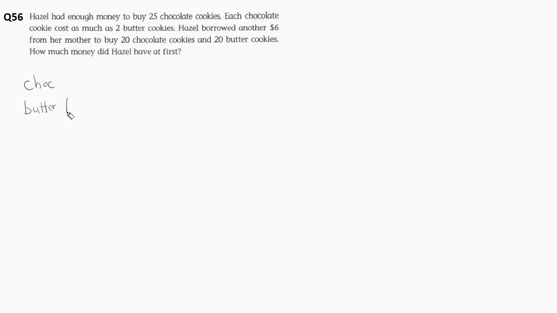If we draw, this box represents 1 butter cookie. Here we've got 2 butter cookies, and it says that each chocolate cookie cost as much as 2 butter cookies. So if we draw a bar for the chocolate cookies, this is 1 chocolate cookie, but from this we can see that we have to make it as big as 2 butter cookies.